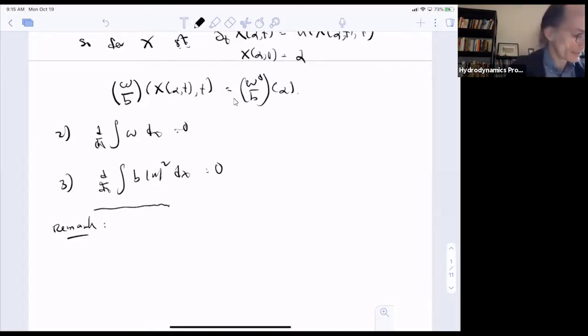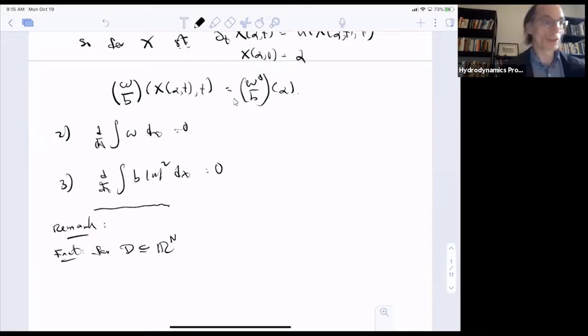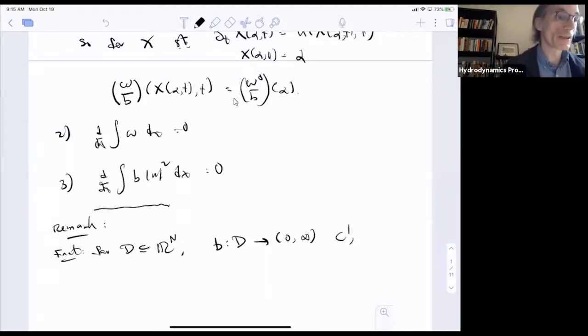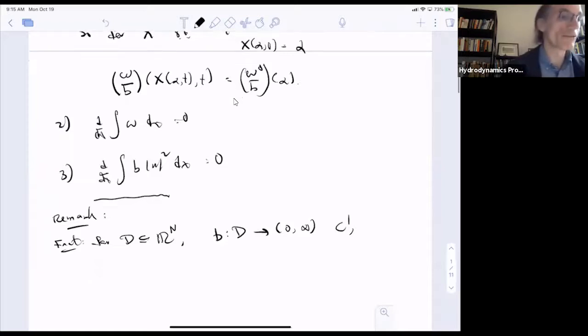And so it's a fact that for D in R^n, let's say connected, etc., and for a non-negative function b, let's make it C1, we have the following.